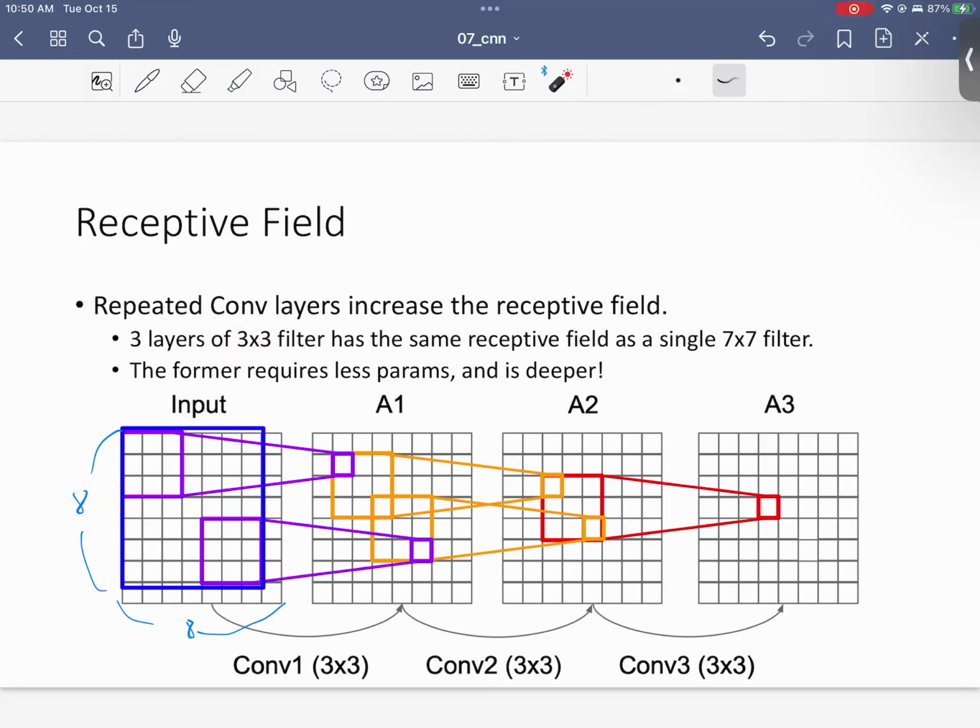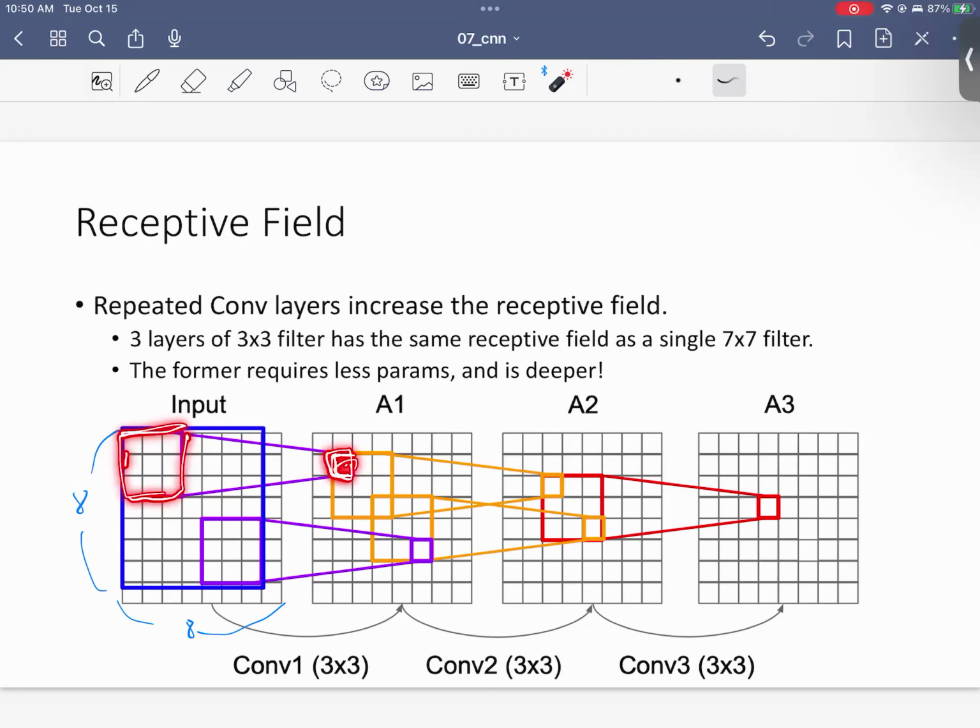If you're using a 3 by 3 filter, when you apply your filter here, you'll get one scalar value out, using the dot product. So it means that your scalar value here is responsible for 9 pixels.